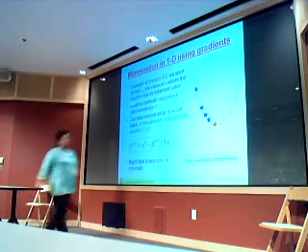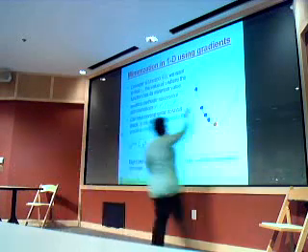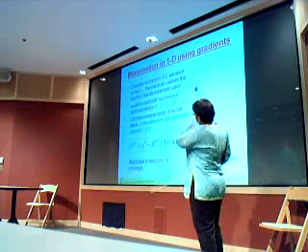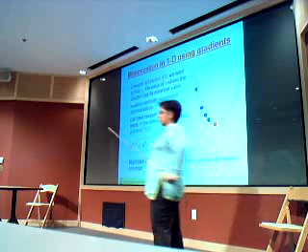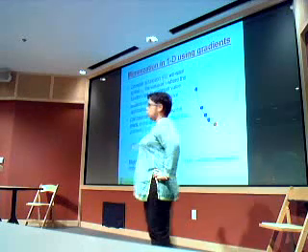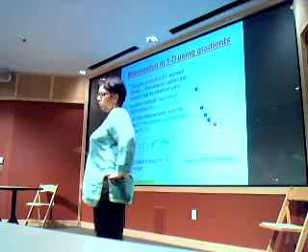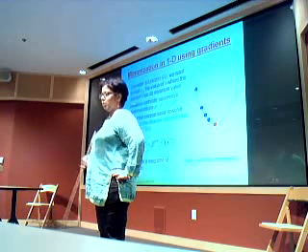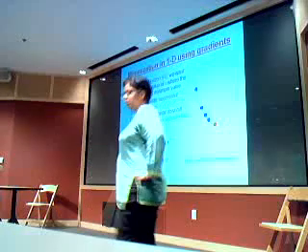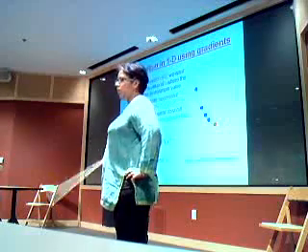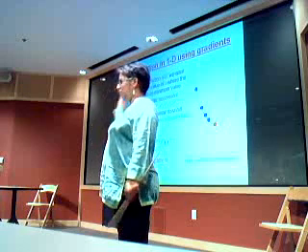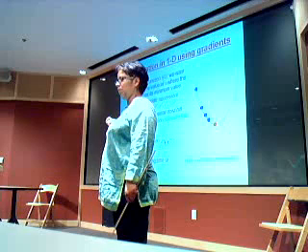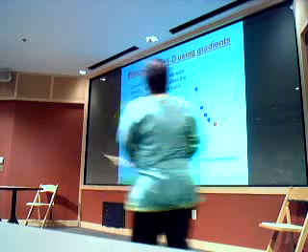Supposing we have some function f of x in one dimension, I've just drawn it schematically here, and you are searching for the minimum. Of course, if you knew the functional form of f of x, it would be easy. You just take the derivative and find out where the derivative goes to 0. But supposing you don't know some simple functional form. The only way you can evaluate the function is you take some position and then you evaluate the value of the function at that position.